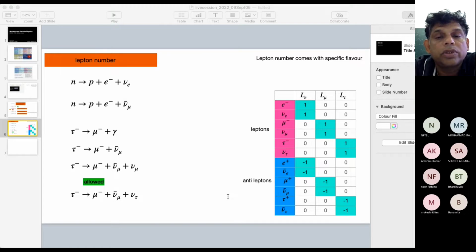Whereas leptons: charged leptons are there, neutral leptons are there. Charged leptons are the electron, muon, and tau lepton, and all three of them take part in electromagnetic interaction as well as weak interaction, whereas neutrinos take part only in weak interaction. They do not have the strong charge, they do not have the electromagnetic charge, but they have the weak isospin or the weak charge.